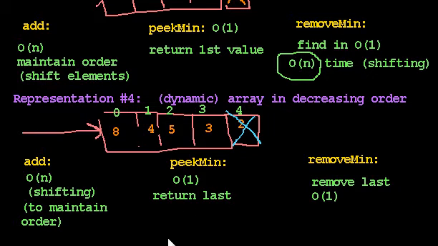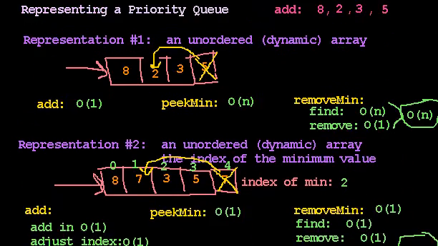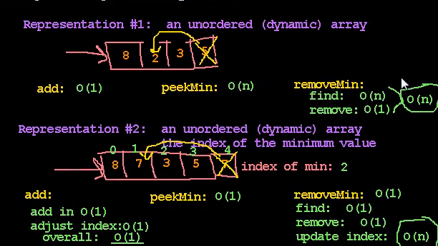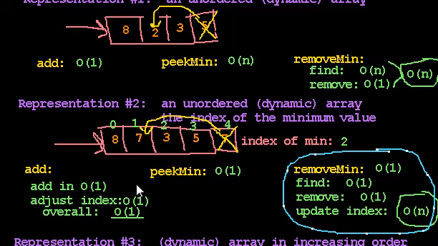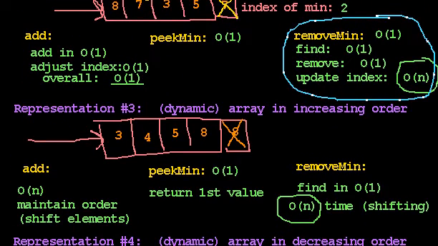So, let's review where we're at here. In the first representation, we had linear time for 2 of the operations. In the second one, we got it down so that only remove min was our slow operation, and we could add and peek at the minimum in constant time. That was where we kept track of the index of the minimum in an otherwise unordered array. In our third representation, well, we had 2 linear times.